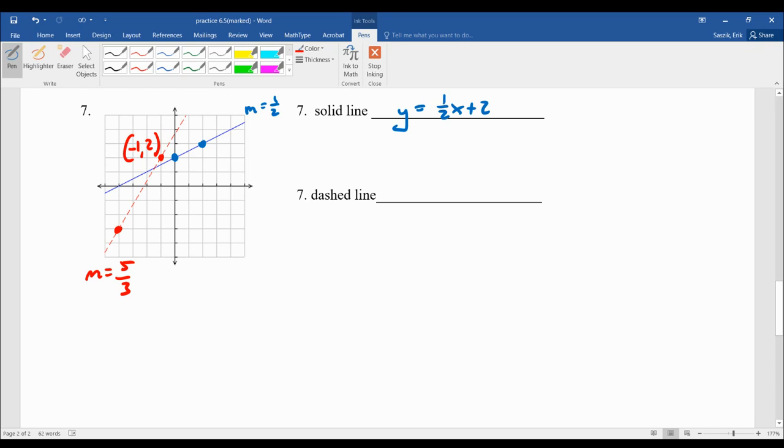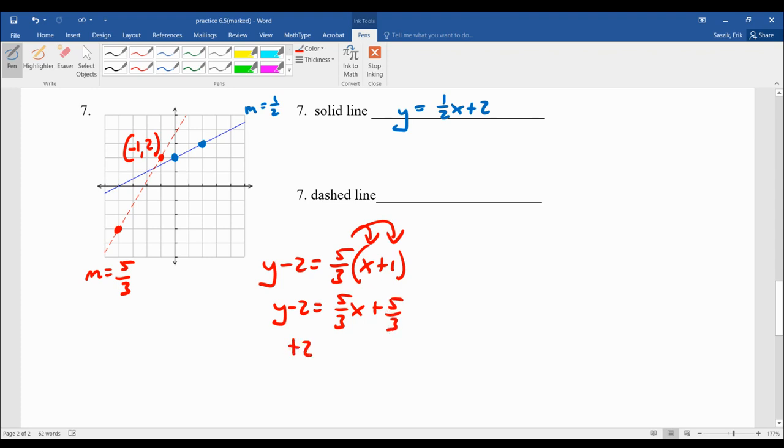Okay? So this is going to be y minus 2 equals the slope, 5/3, times x plus 1. And now remember, we want it in slope-intercept form, so we have to solve for y. We have to get y by itself, which means we first have to distribute. And I know it's a fraction, but it's not the end of the world. So now we add 2.